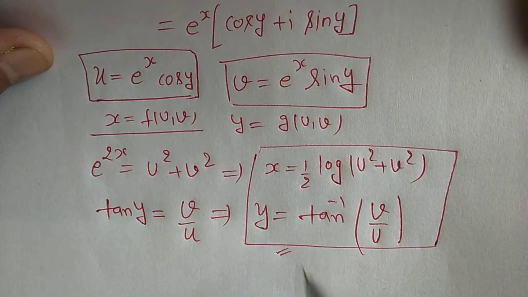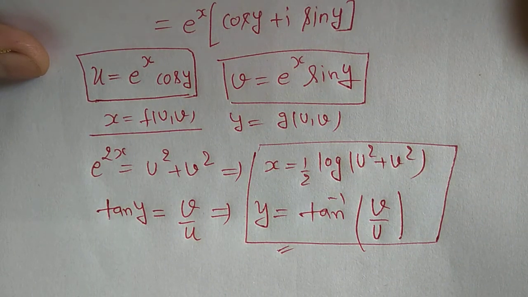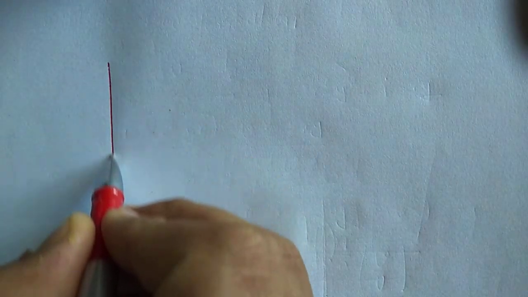Using this relation we can find the image of any curve in the z plane under this mapping. One example of the exponential transformation: let us have an infinite strip here.